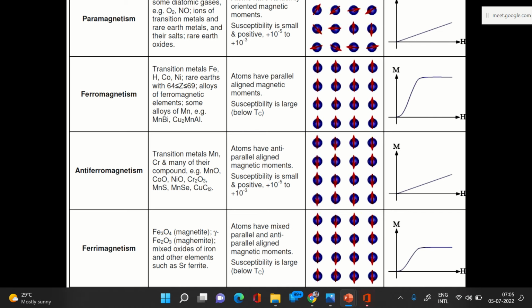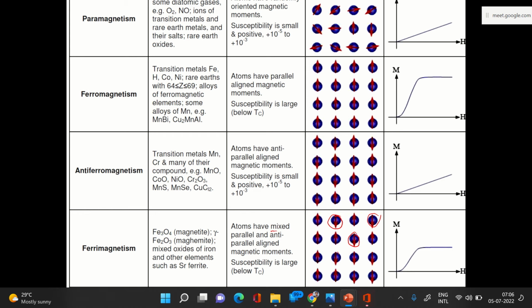In ferrimagnetism, there are sites where opposite spins are not aligned like here, but if you look at the crystal overall, such opposed anti-parallel spins are less in number, so that overall there is a magnetic moment.